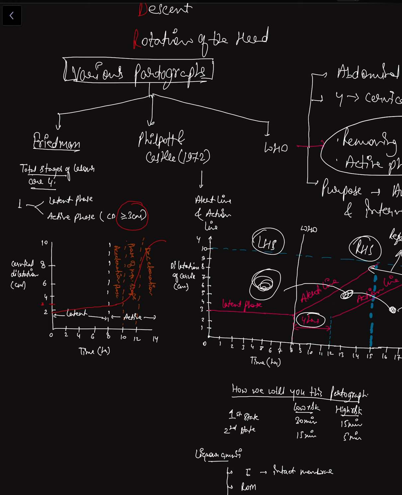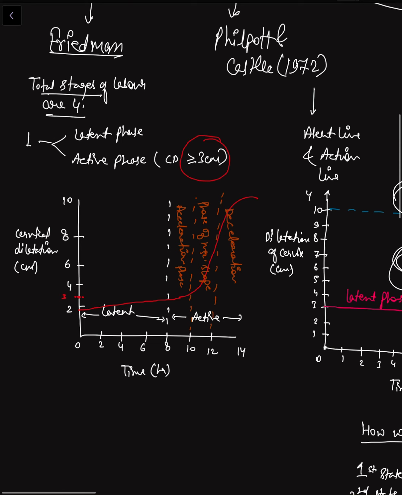Active phase starts from equal to or more than 3 cm of cervical dilatation. He divided the active phase further into 3 phases: acceleration phase, phase of maximum slope, and deceleration phase.